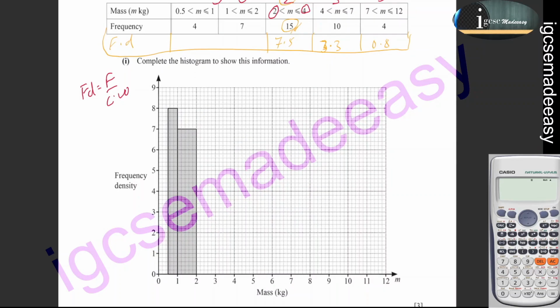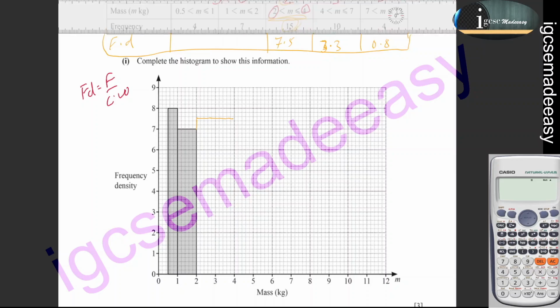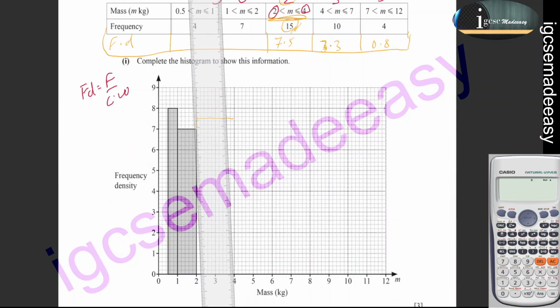Frequency density for the class interval 2 to 4 is 7.5. So 7.5 is here somewhere. I have to draw it like this, and I can use the scale also, for drawing it nicely.